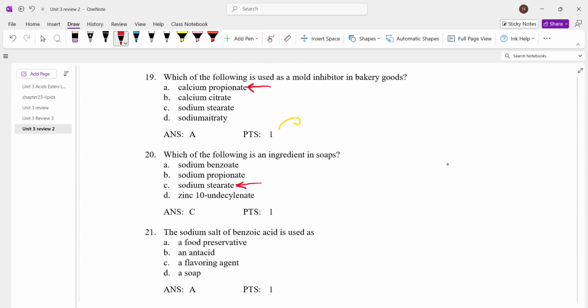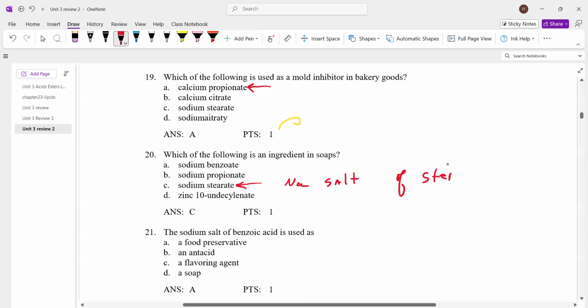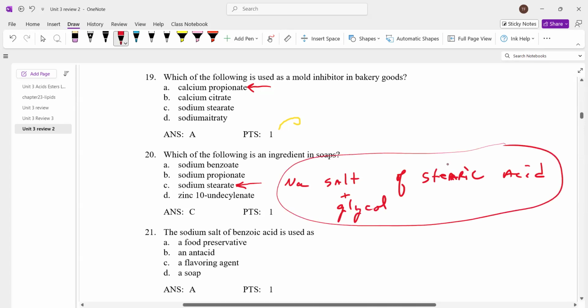Stearate comes from stearic acid, so it's the sodium salt. Stearic acid. So that's probably one of the ingredients. Then you have glycol as well, but that would be basically what we did in our soap lab.